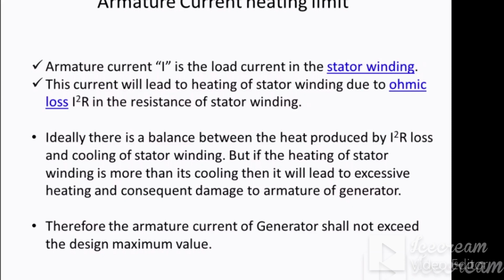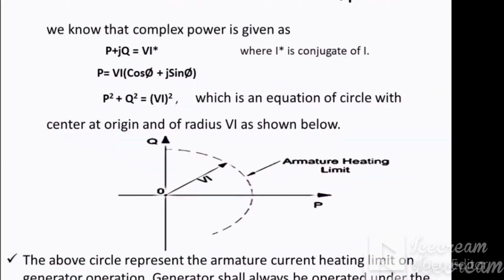So we will see now a plot of the armature current limit on the PQ plane, that is the active-reactive power plane. We will take active power on the x-axis and reactive power on the y-axis, and then we are going to see the armature current curve on this plane. Now we know that the complex power is given by P plus jQ, which is equal to V I conjugate.